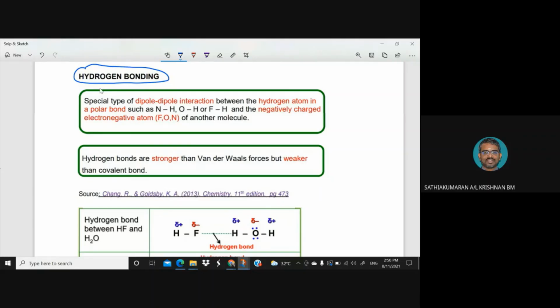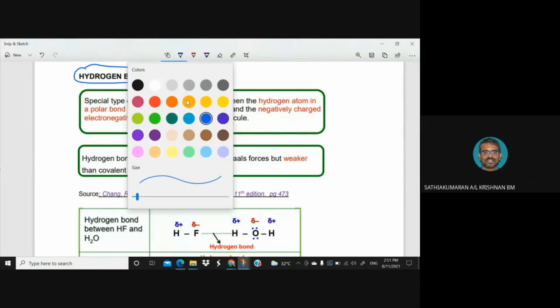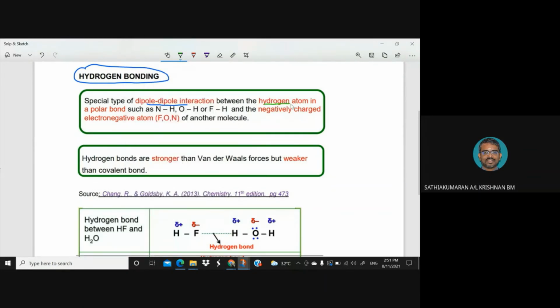Already know, it should have hydrogen. A hydrogen bond is a special type of dipole-dipole interaction between a hydrogen atom in a polar bond, so it must have a polar bond, such as N-H, O-H, F-H, and a negatively charged electronegative atom.